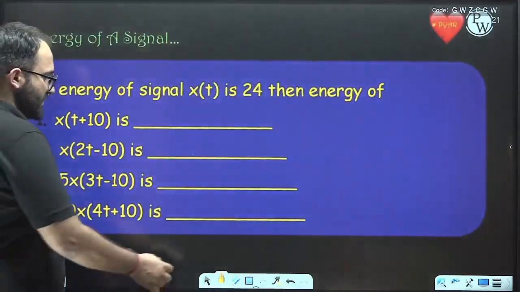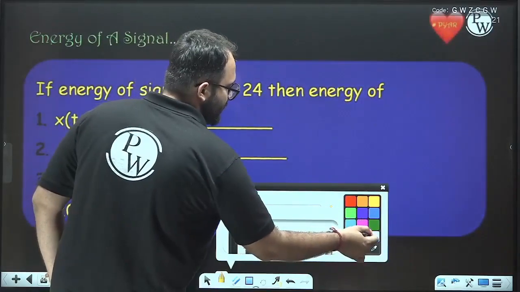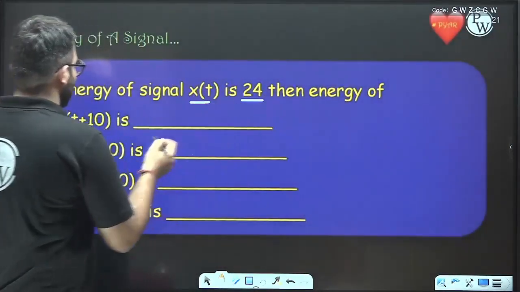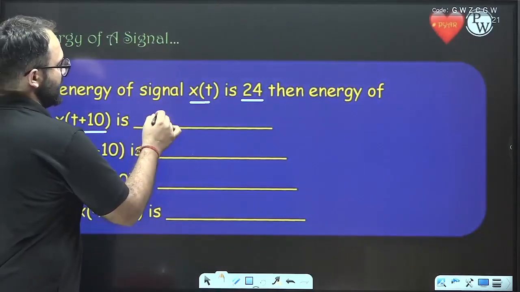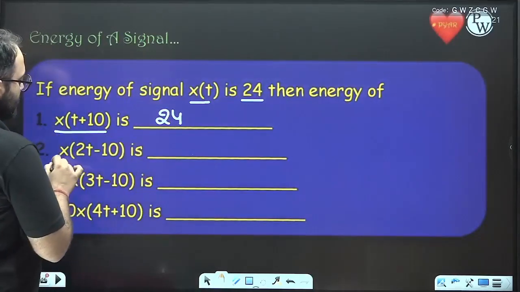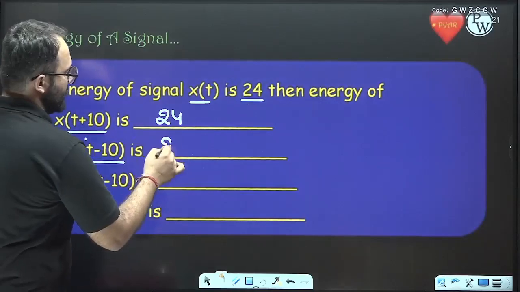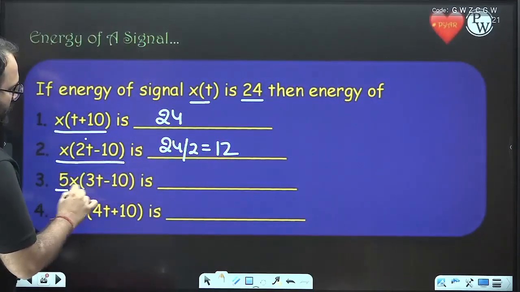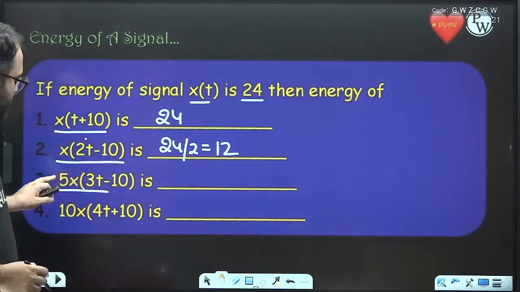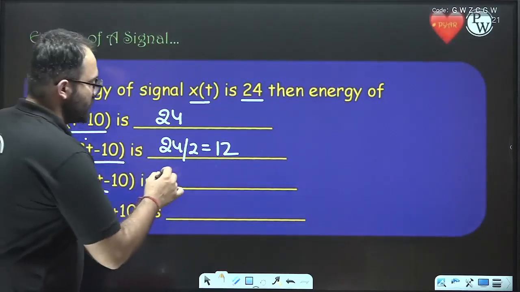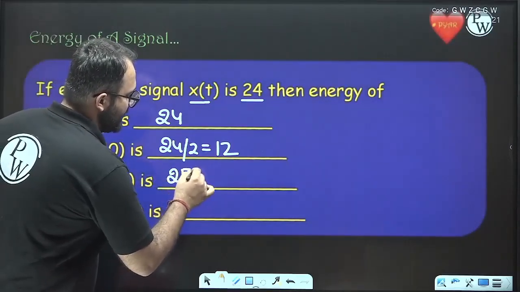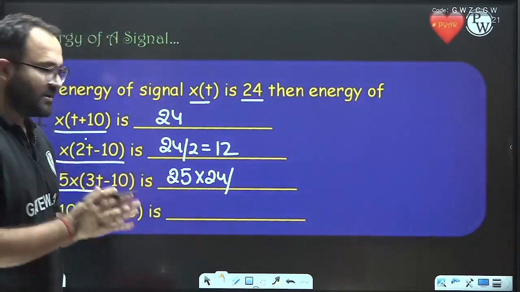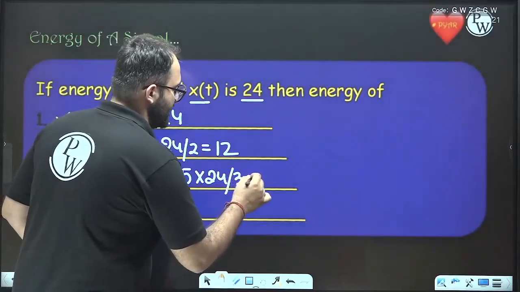So this is the question for reference. If x of t has energy 24, x of t plus 10: shifting does not affect, scaling is contracting by 2, so it will be 24 by 2, that is 12. We are contracting again, but we are multiplying the signal by 5. Due to 5, it will get multiplied by 25, but due to compression by 3, it will get divided by 3.